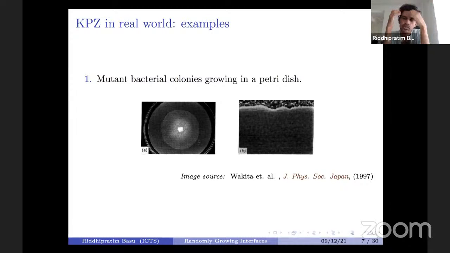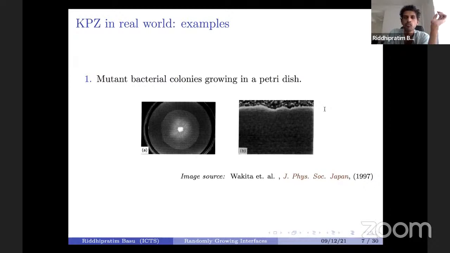This is a picture from a paper in 1997 where they were growing bacterial colonies in a petri dish, and if you look at the boundary of the colony, in this picture to the right, you will see this kind of 1/3 and 2/3 behavior.